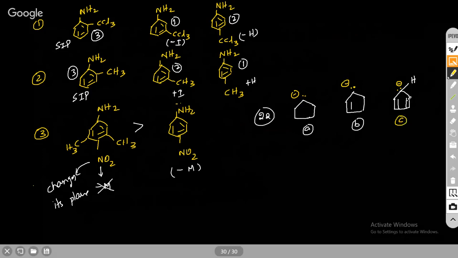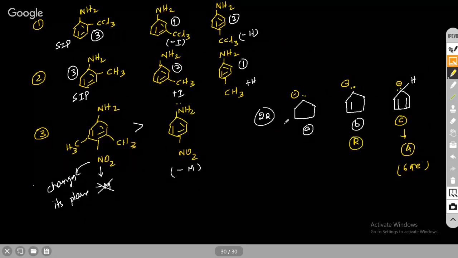This ring in C is aromatic because we have 6 pi electrons. This one is resonance stabilized, and there is no effect over here. So stability of C is maximum, then B, and then A. This is the order of acidity also: third, second, and then one. Option D is correct here.